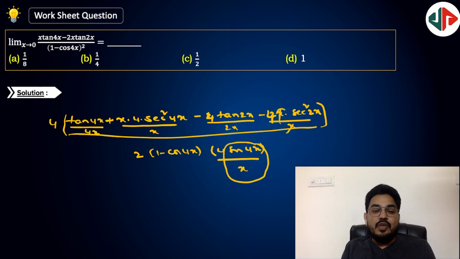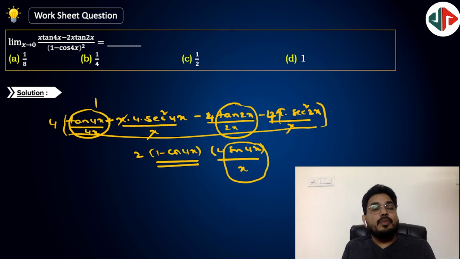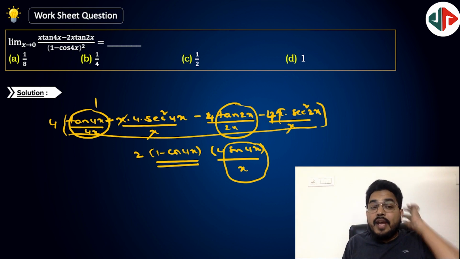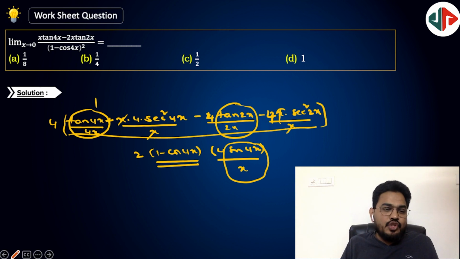This value will be equal to 4, x cancel, this is plus 4. This value is equal to 1. And as x tends to 0, this value goes to 0. So automatically this is going to be 0 by 0 form. Okay, so further, this is one approach.